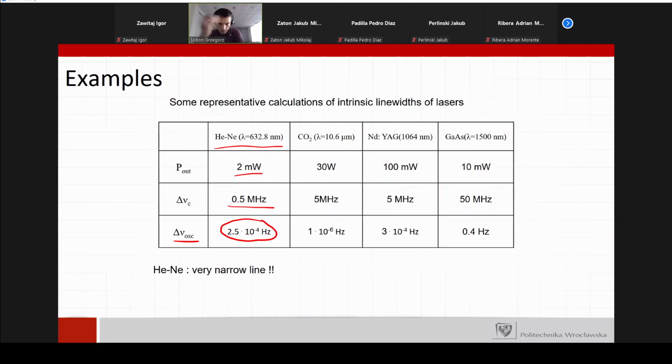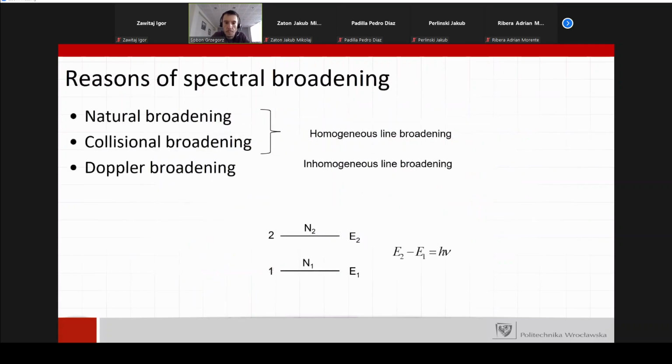But practically, these lines are at the level of some hertz or kilohertz. So there exist some line broadening mechanisms that are responsible for broadening of the lines from this theoretical limit. And today we will discuss a little bit these limitations and these line broadening mechanisms.